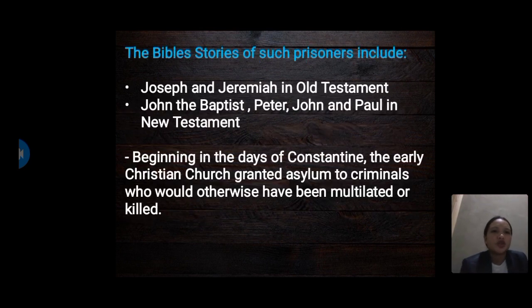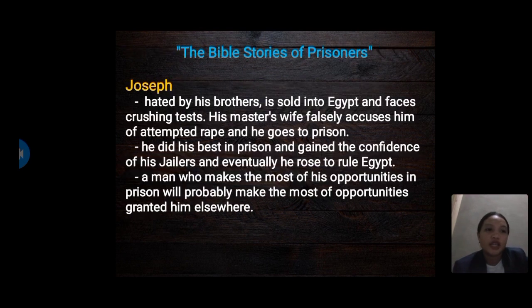The Bible stories of such prisoners include Joseph and Jeremiah in the Old Testament, and John the Baptist, Peter, and Paul in the New Testament. Beginning in the days of Constantine, the early Christian church granted sanctuary to criminals who would otherwise have been mutilated or killed.